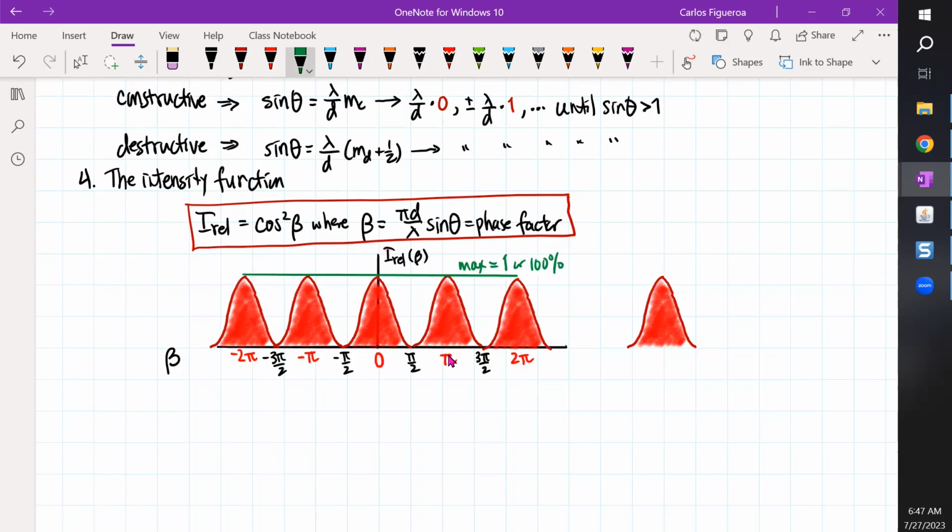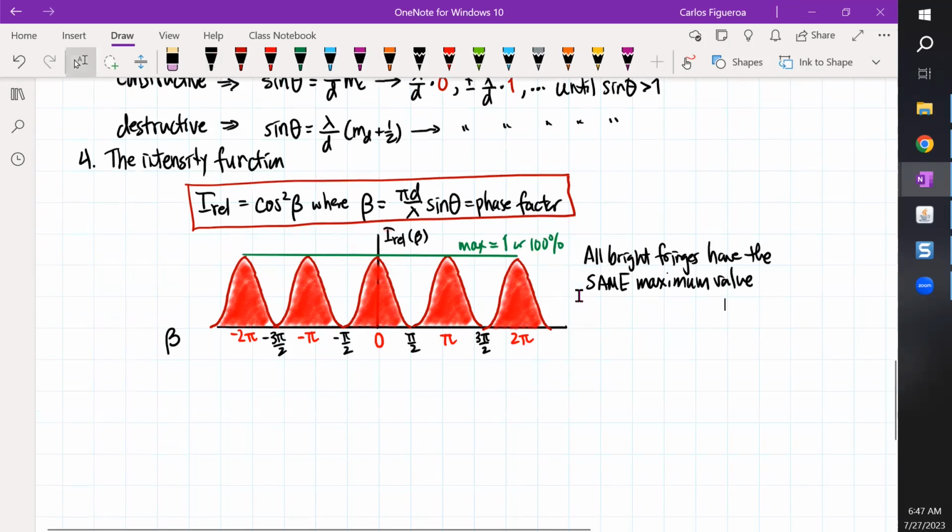So what's key about this thing is this: all fringes have the same maximum value or maximum height. Because these are normalized, all of them have a height of 1.